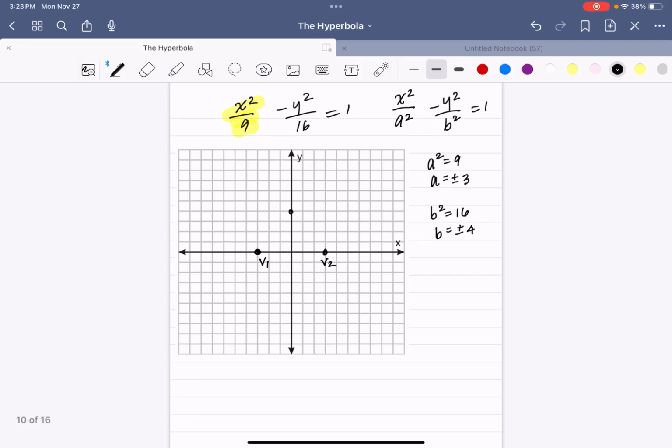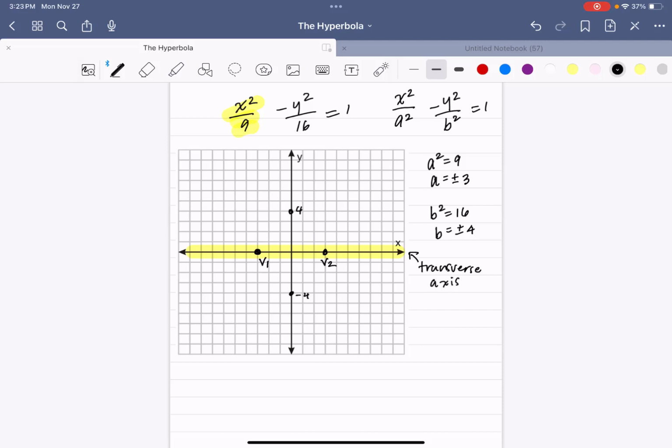So here's 4, and here's negative 4. Those are just guide points to help me sketch my rectangle. Now my transverse axis is going to be this one through the vertices like that. So that's my transverse axis, and that's because the x is the positive variable.